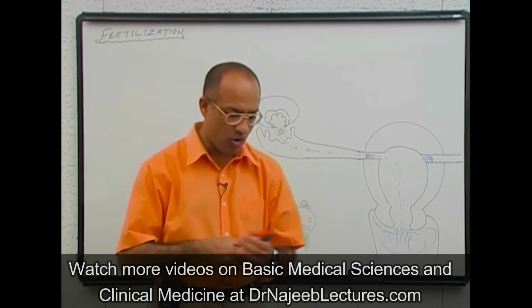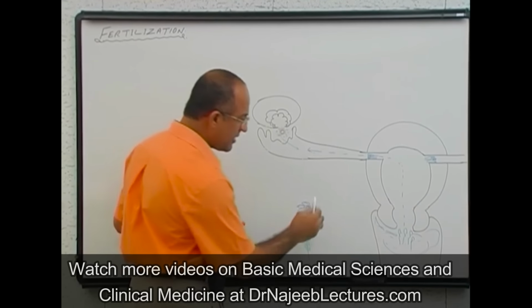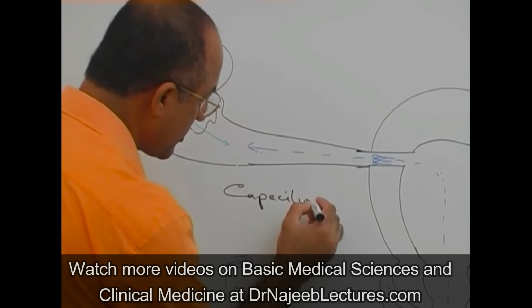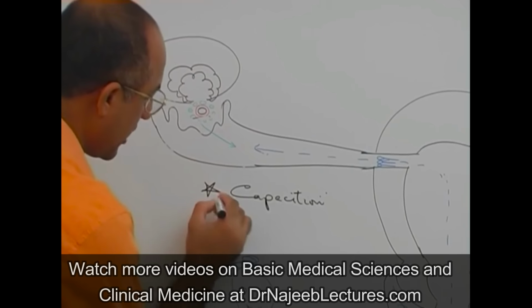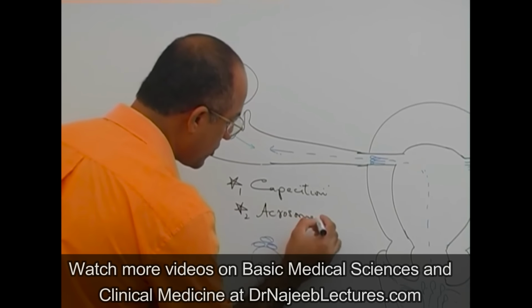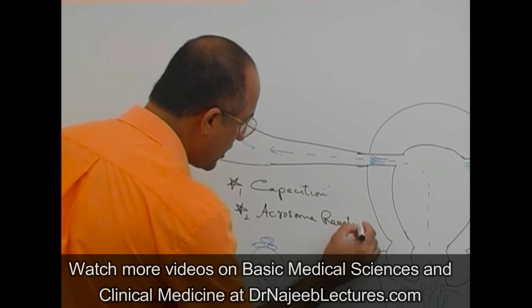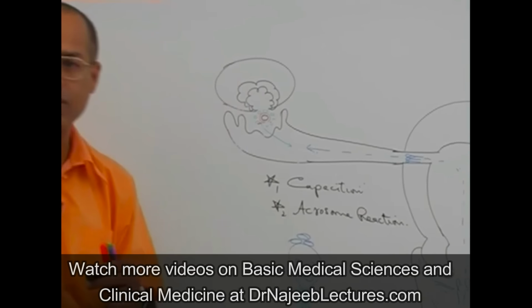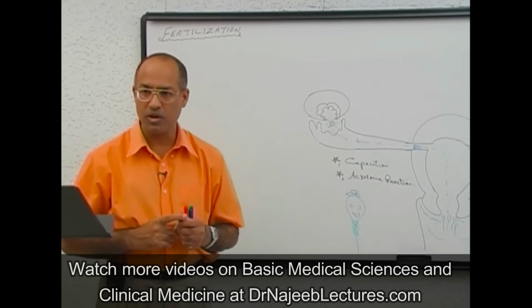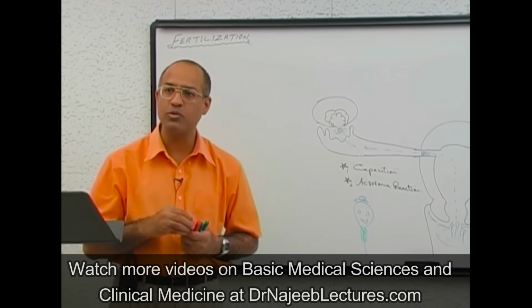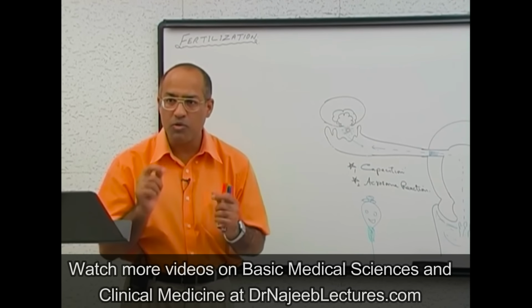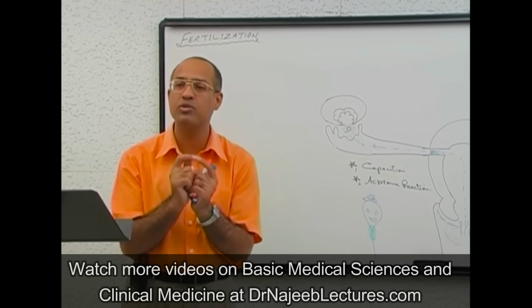One process is called capacitation reaction, and the other process is called acrosome reaction. We'll discuss both of them and you must know the difference between them. Sperm have to pass through capacitation reaction and acrosomal reaction before sperm is capable of fusing with the ovum.